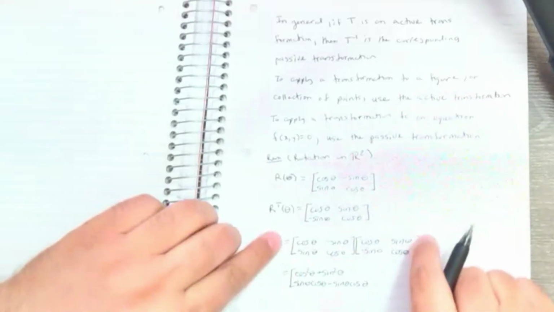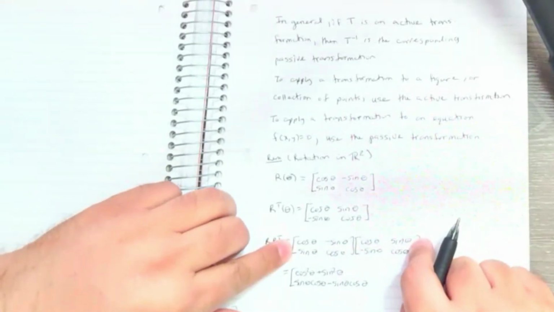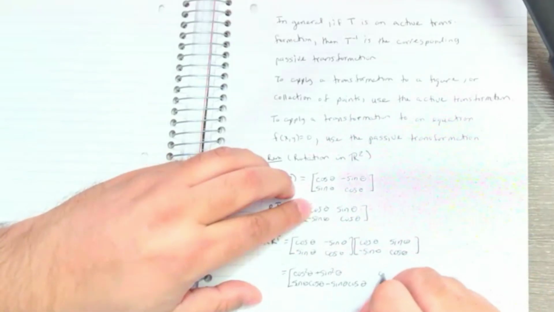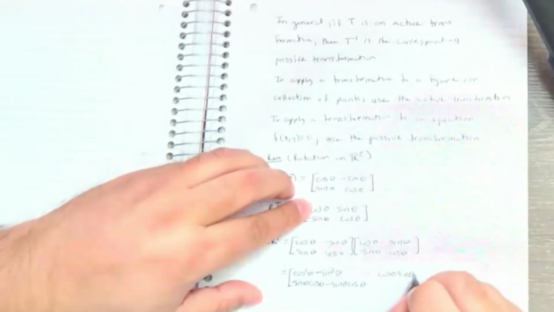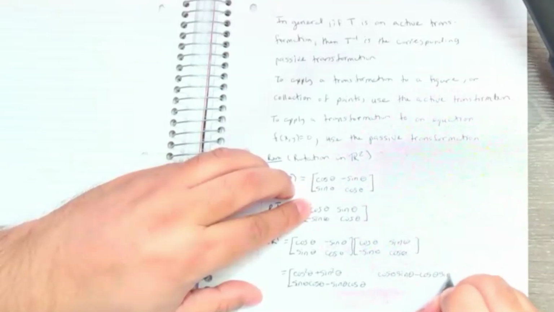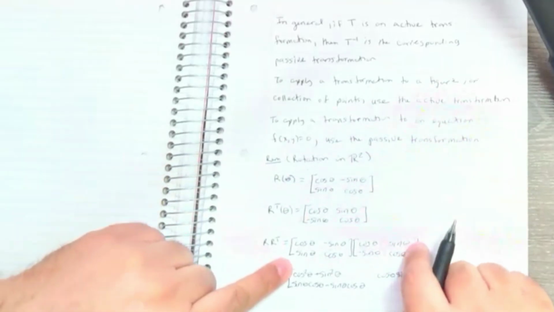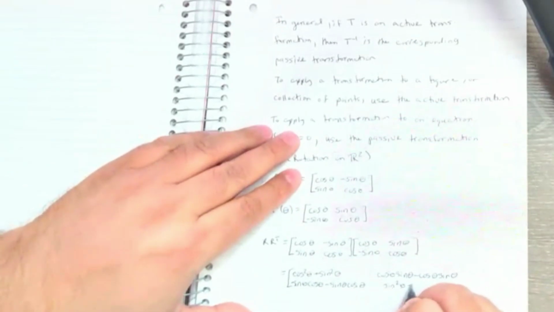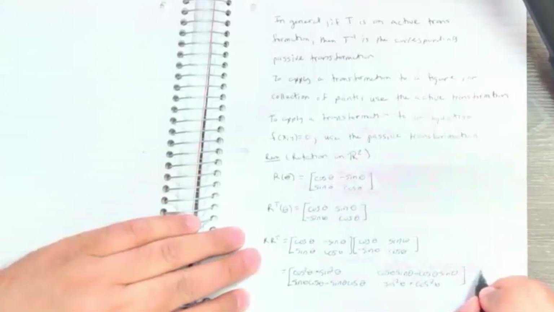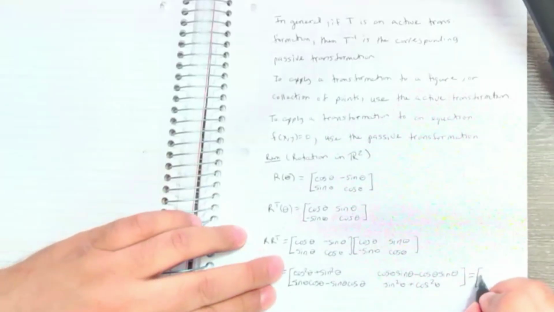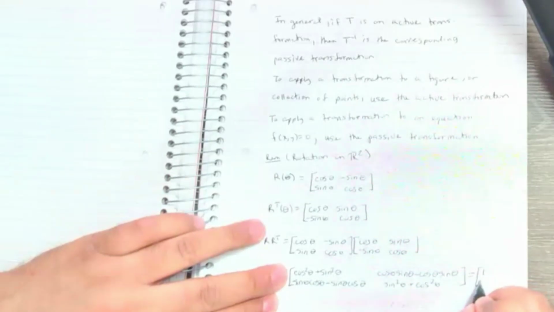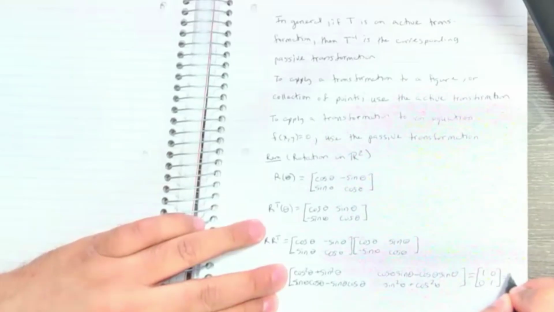Now for the second column, we have cosine theta times sine theta minus cosine theta times sine theta. And finally, we have sine squared theta plus cosine squared theta. So this is the trigonometric identity. So this is 1, 0, 0, 1, and this is the identity matrix.